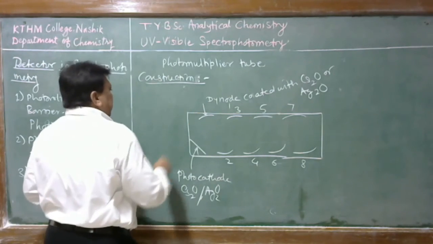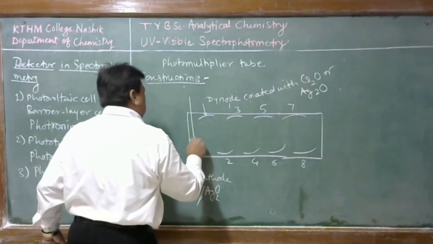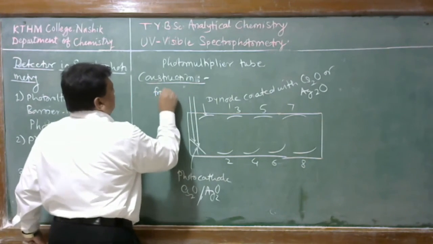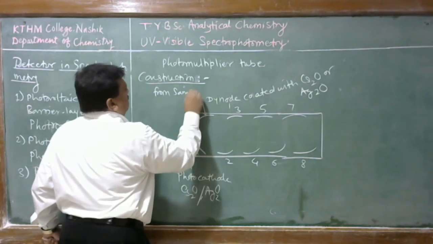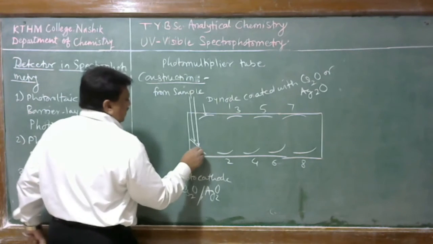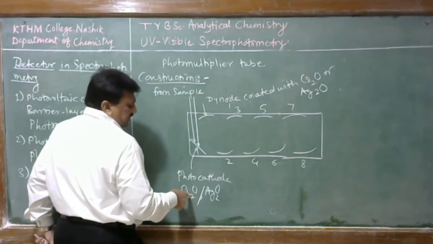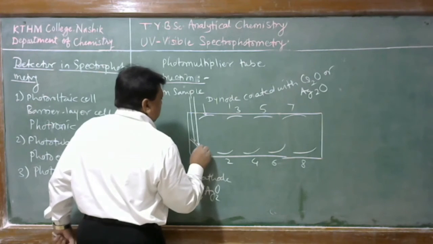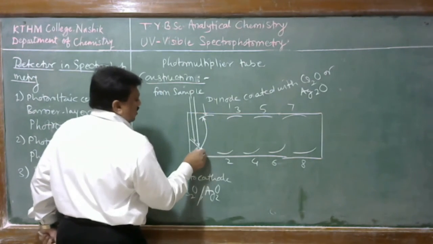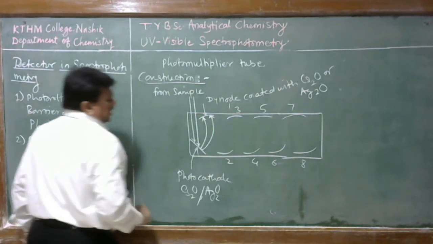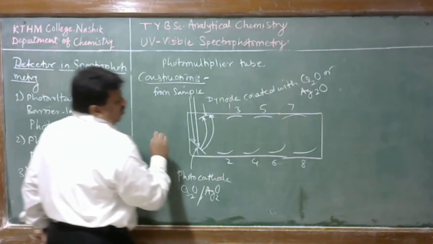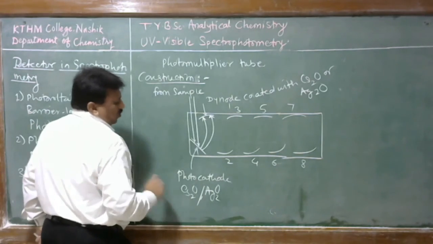When radiant power from the sample falls on this photocathode, because of the photoelectric effect, photoionization of this material takes place and it emits electrons. These electrons are attracted towards the first diode, because the first diode is more positive than the photocathode.